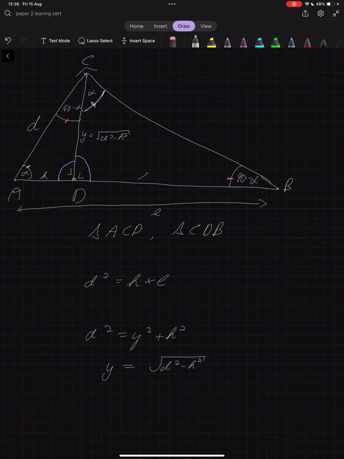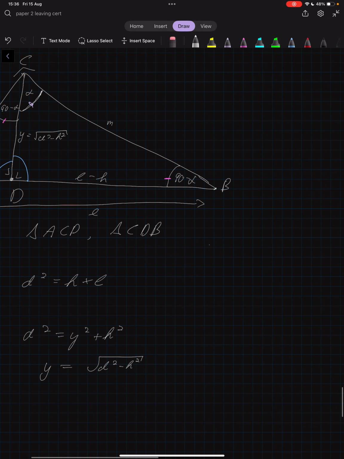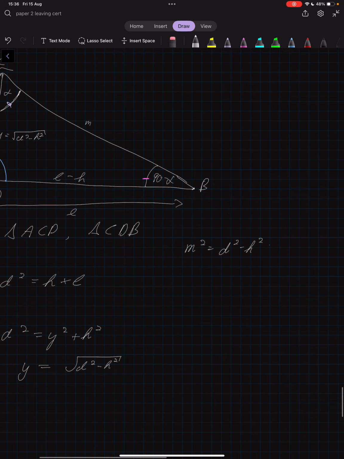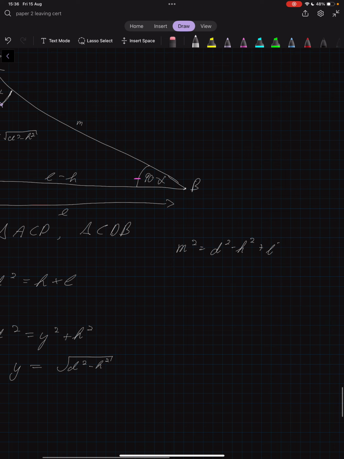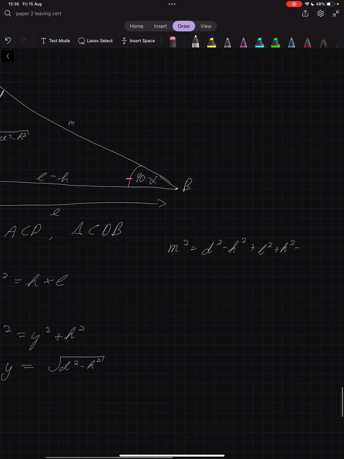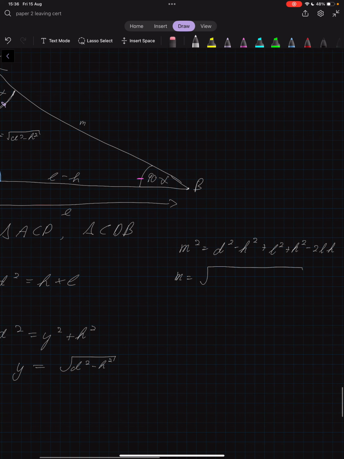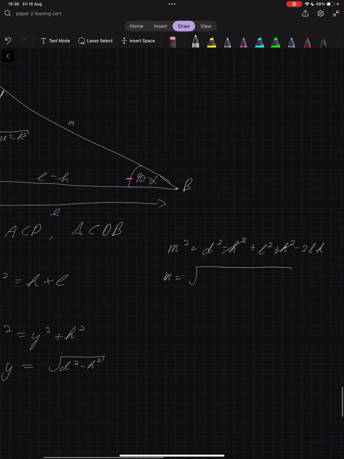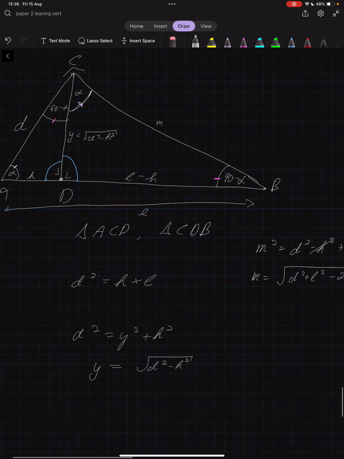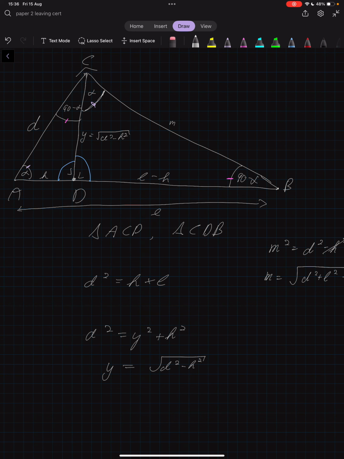And this length here is going to be L minus H. So in this triangle from C to D to B, I can now find the hypotenuse there, which I'm going to say is M. So M squared has to be equal to Y squared, which is D squared minus H squared, plus L minus H squared, which is L squared plus H squared minus 2LH. So I get that M is going to be the square root. The minus H squared and the plus H squared cancel. So I'm simply left with D squared plus L squared minus 2LH. So that's fine.